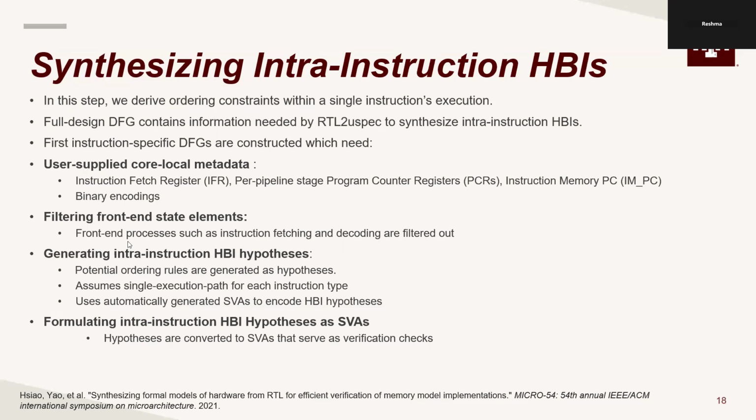The front-end processes, such as instruction fetching and decoding, are completely removed, to focus only on the execution. The possible ordering constraints are hypothesized based on a single execution path per instruction, and automatically generated assertions help encode these hypotheses. The final step is that these hypotheses are converted into assertions, which act as verification checks for correctness. So this sums up synthesizing intra-instruction HBIs.